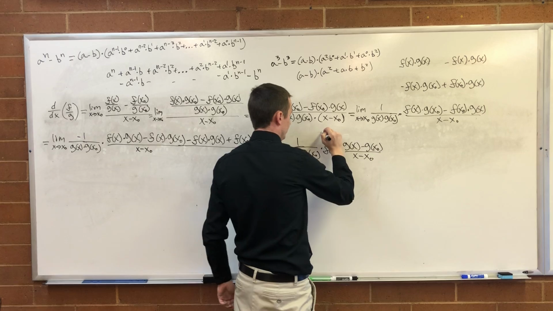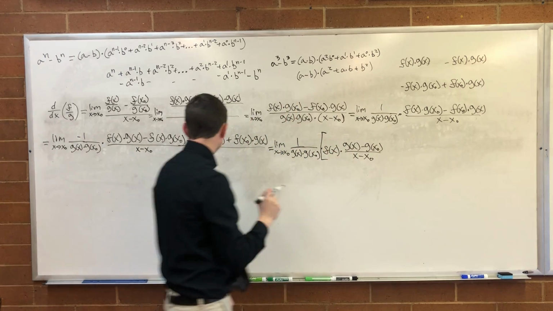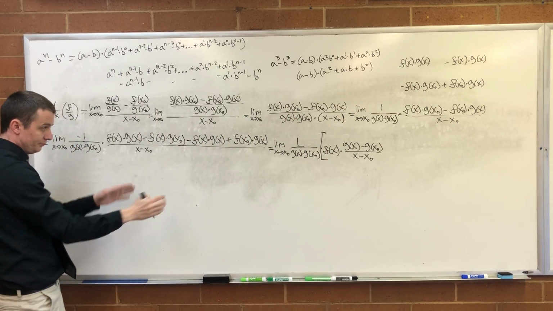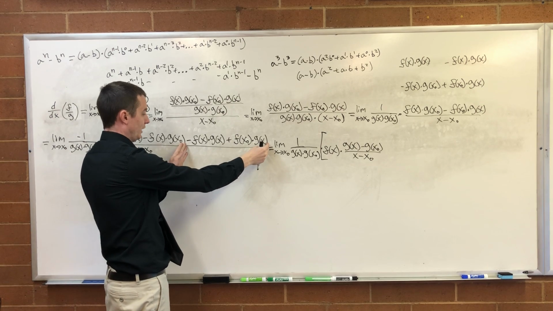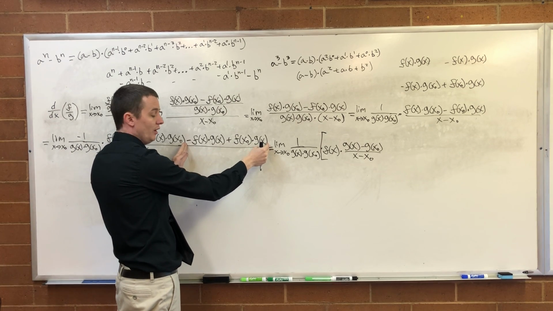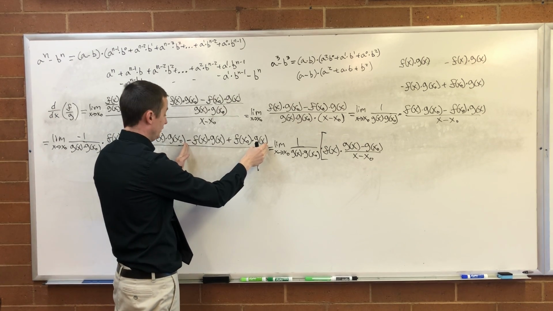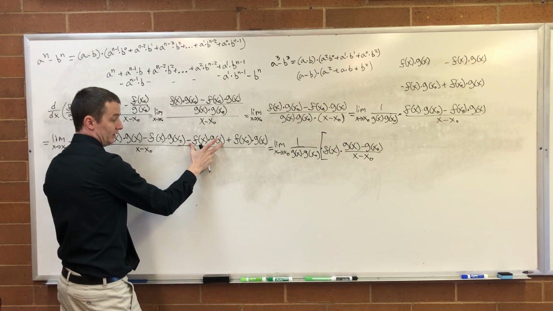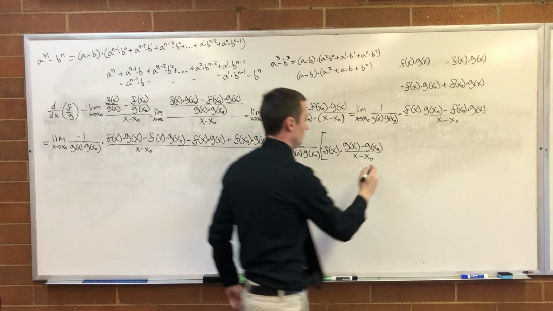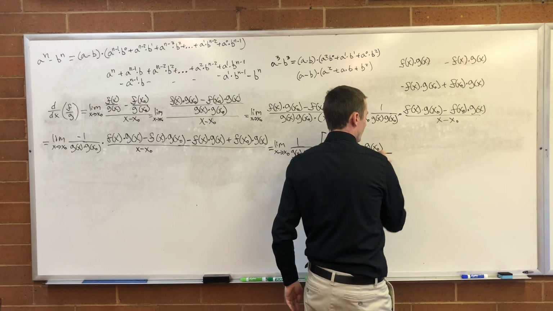We're going to need brackets here since we're going to split this into two separate fractions. So now I need to write this fraction. And I'm going to pull out a negative. So pulling out the negative is going to make this positive and this negative. So I'm going to write subtract instead of plus.